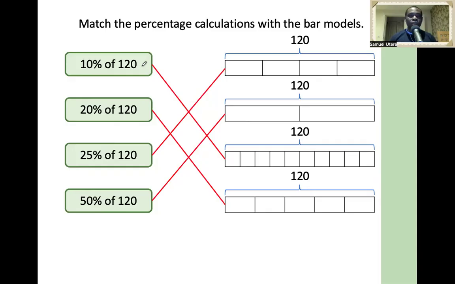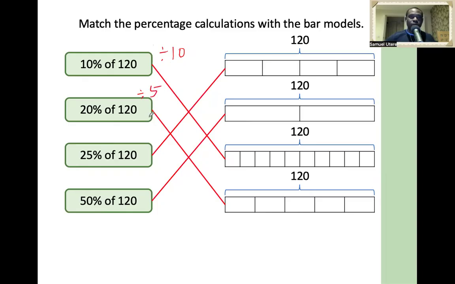If you're asked to find 25% of an amount, you simply divide that amount by 4. And if you're asked to find 50% of an amount, all you have to do is divide that amount by 2.